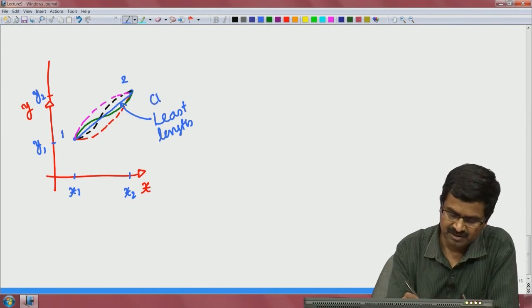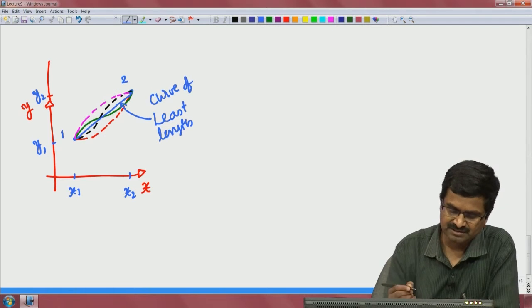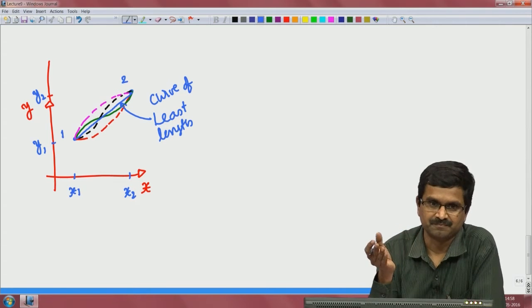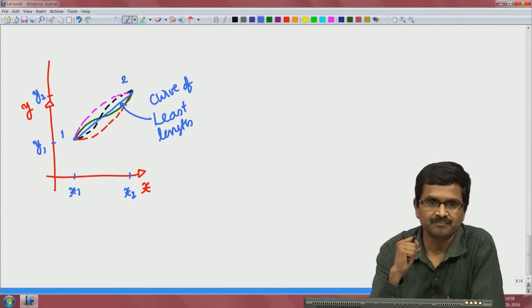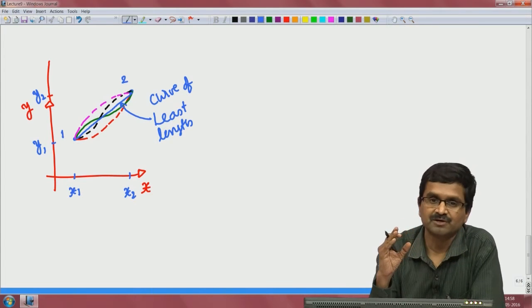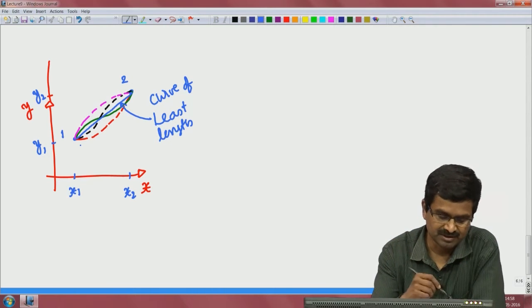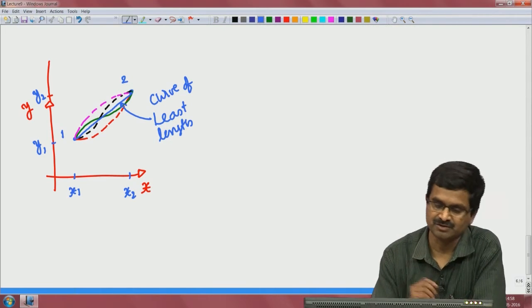So, this will be the curve of least length. We have taken a very simple problem for which we know the solution. Now, we will solve this problem using calculus of variations to convince you that among all the curves that you take, the straight line is the one that is going to have the shortest length between 2 given points x1 y1, x2 y2.